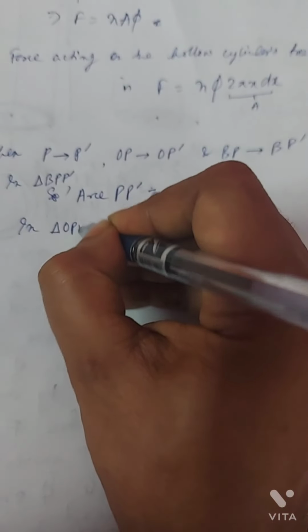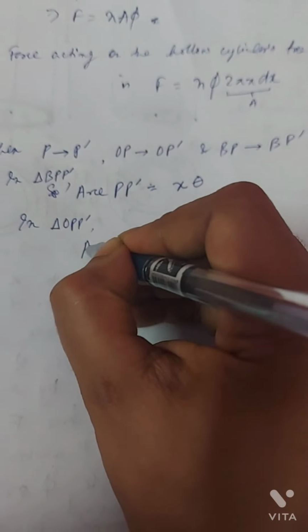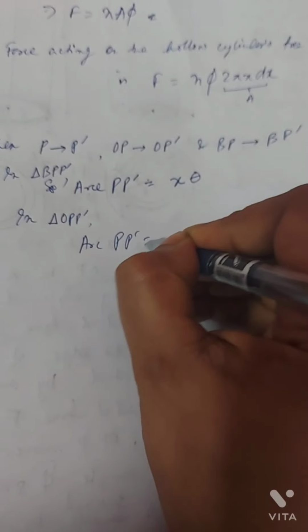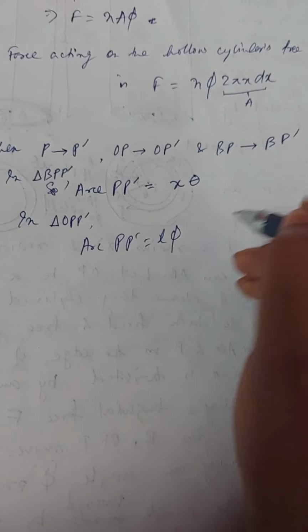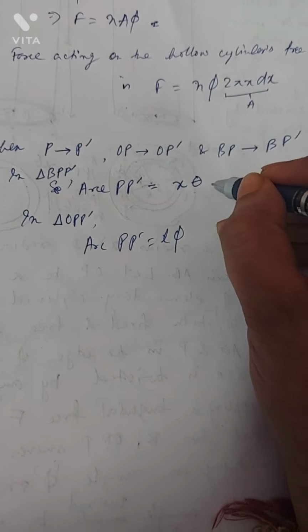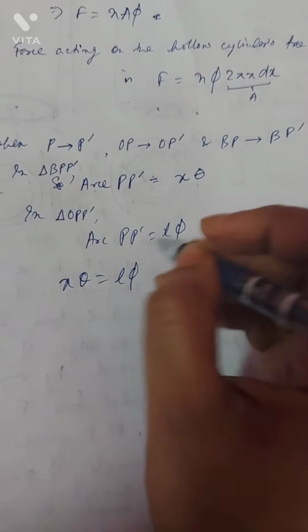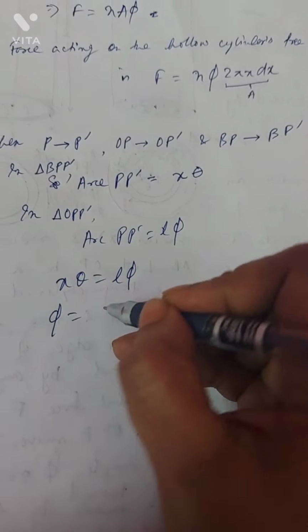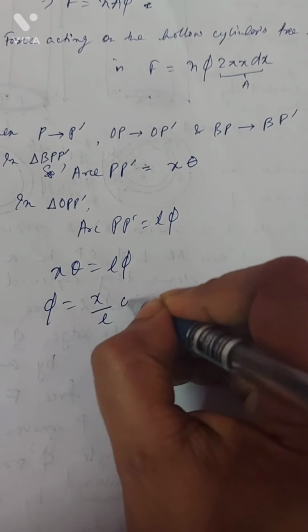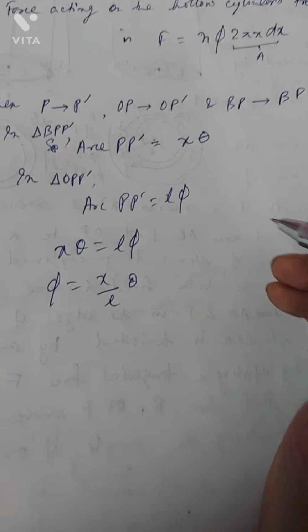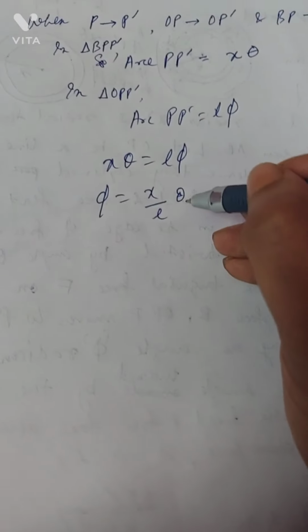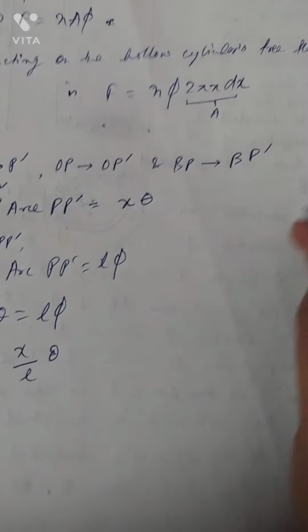Similarly, in triangle OPP dash, the arc PP dash is equal to L into phi. So using these two, x theta equals L phi, and phi is given by x by L into theta. Now as you can see, theta is fixed.